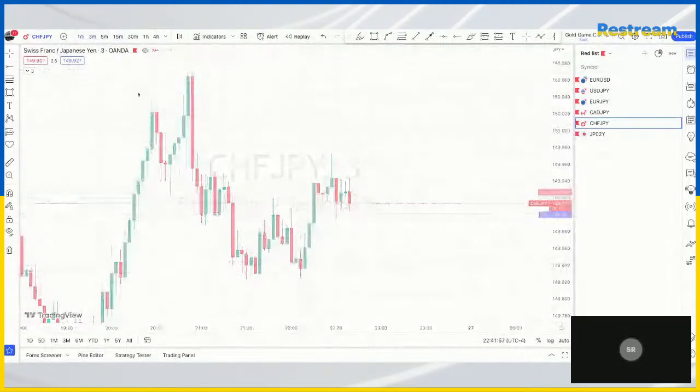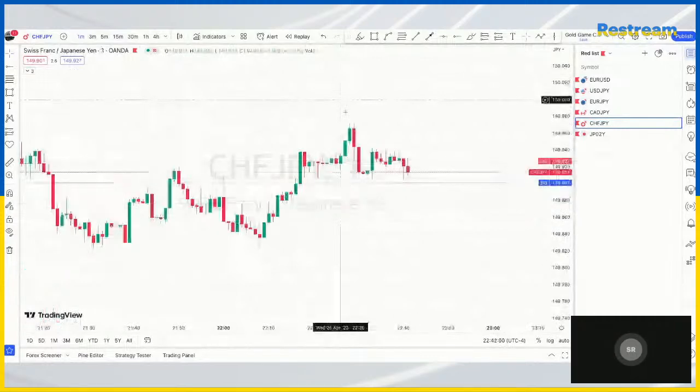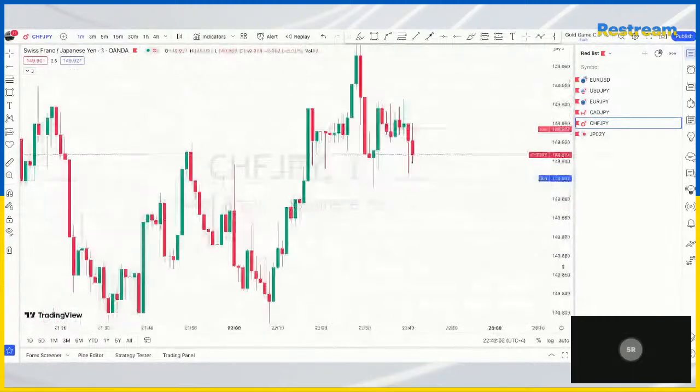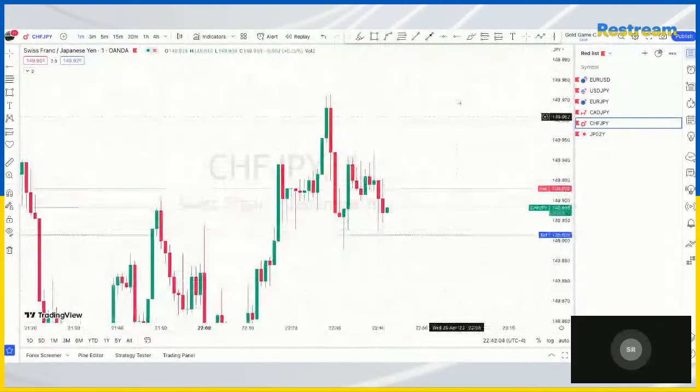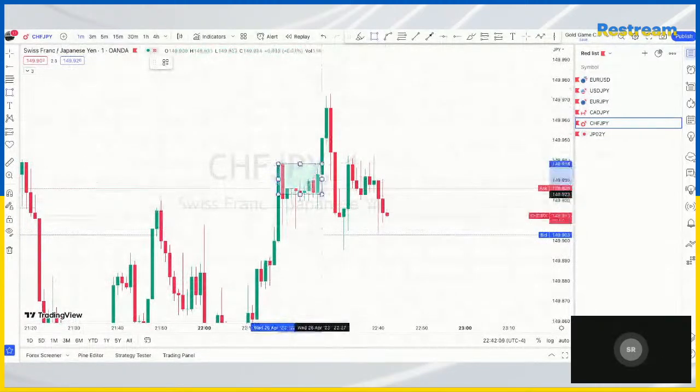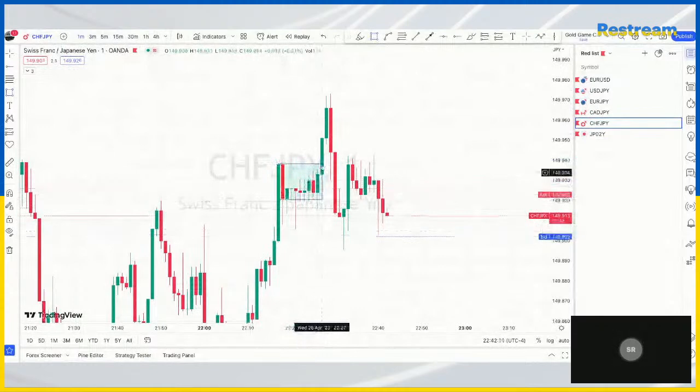Go to 1 minute. And we'll have a nice clean setup in here. Now this is pretty self-explanatory. You have this structure, massive up move, massive down move, clean the highs, clean the lows, come back, break even at this candle and drop.